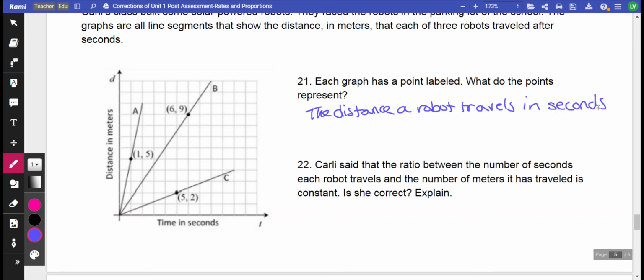Number 22. Carly said that the ratio between the number of seconds each robot travels and the number of meters it has traveled is constant. Is she correct?